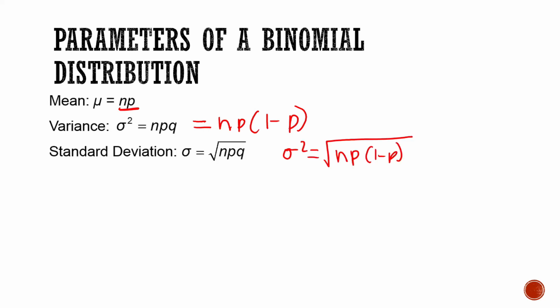Parameter is like a statistic, but it's of everybody, a population. So it's something that describes a population, right? Which, this makes sense. This mean, 1.5 girls, describes how the distribution, what's the most likely outcome, right? The variance would tell us how spread out those outcomes are.